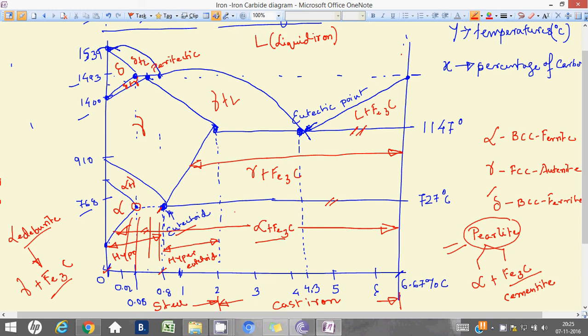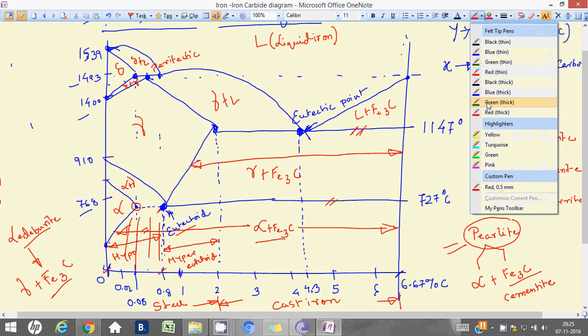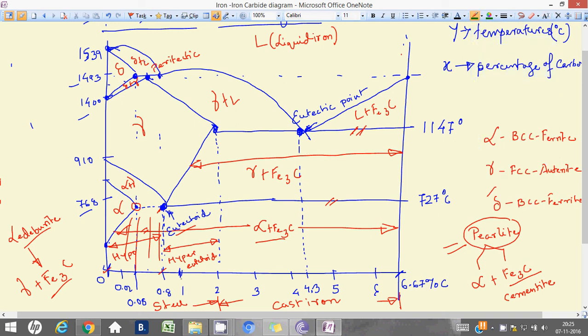And there will be another region from 0.8 to 2. There will be one hypo region, and there is a hyper region.